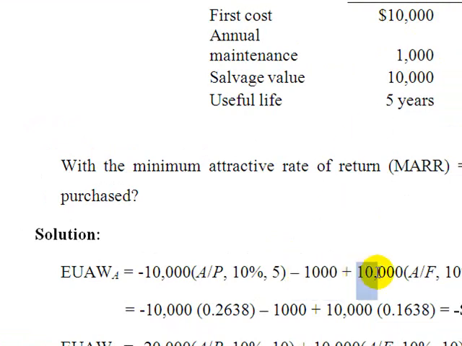Now let's talk about the 10,000, which is the salvage value of machine A. That means A given F. 10,000 is a future value, the salvage value after the end of its useful life, which is 5 years.